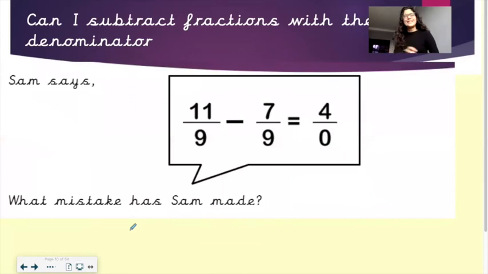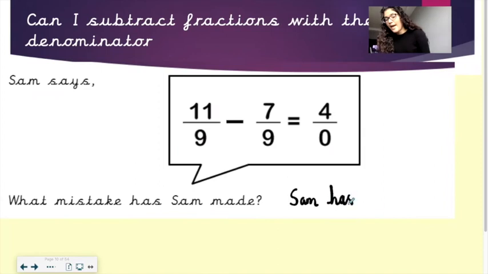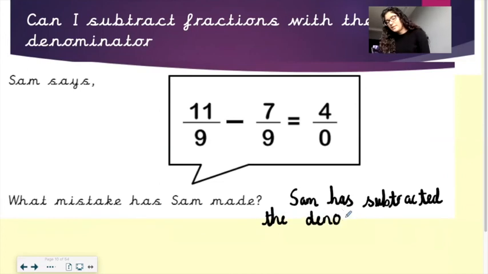This question: Sam says 11/9 take away 7/9 equals 4 zeros. What mistake has Sam made here? Now, if I was to answer this question, I would say that Sam has subtracted the denominators, which he should not have done.